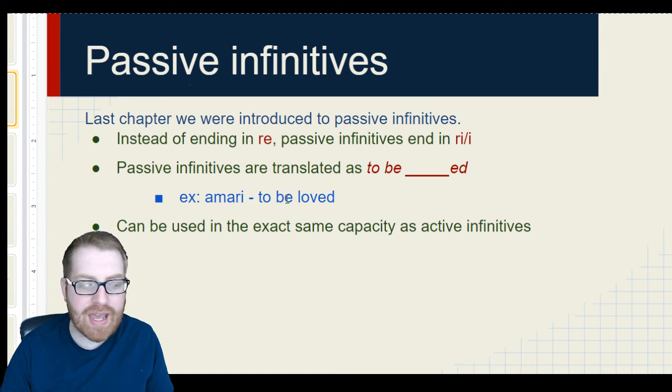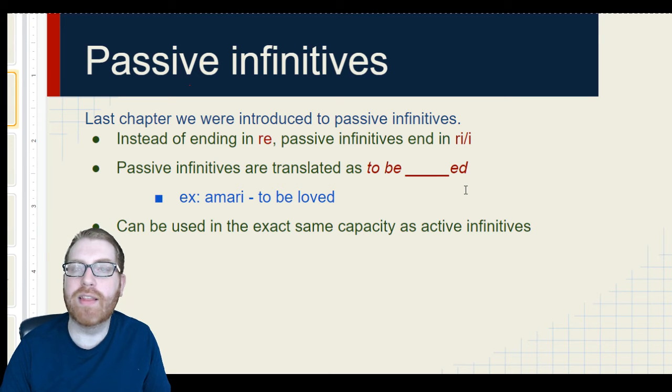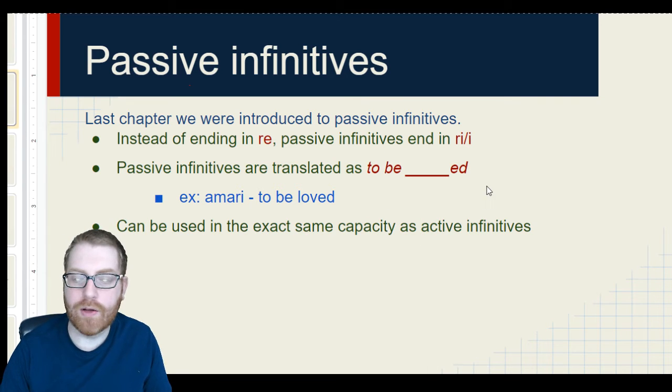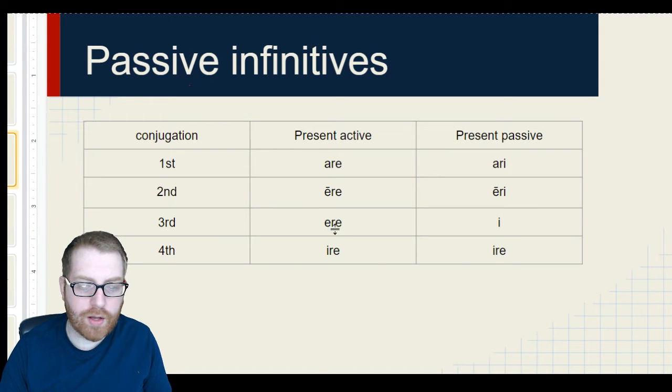We have a verb of being in there when we translate it. So instead of to love, when we add an I on the end of amari, it means to be loved. And it's used in all the exact same capacities as an active infinitive. So it can be used as a complementary verb with a verb of wanting or being able to, something like that. So hopefully if you need your notes on it, here they are.